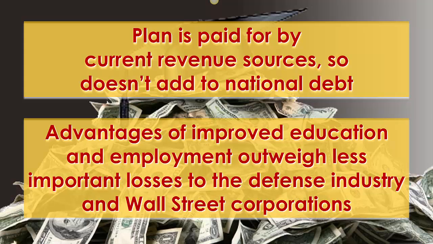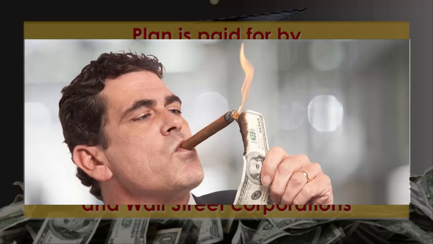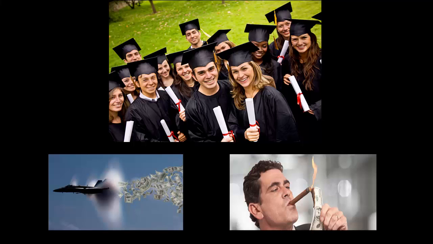If the policy advocate were able to argue, for instance, that the cuts one would make in the defense industry would primarily be cuts in very expensive weapon systems that, quite frankly, we just don't need in order to adequately defend ourselves, and that the tax increases on Wall Street speculation are not going to involve any kind of significant financial hardship to anybody in the United States, including those Wall Street speculators, then it's just more important to try to improve education and employment for American citizens. The upside far outweighs the downside.